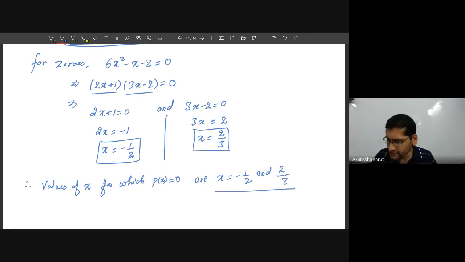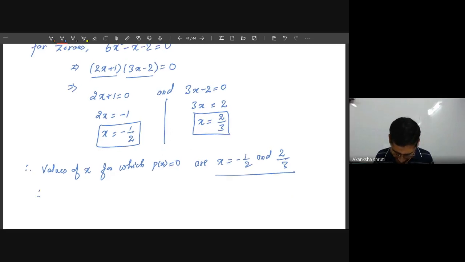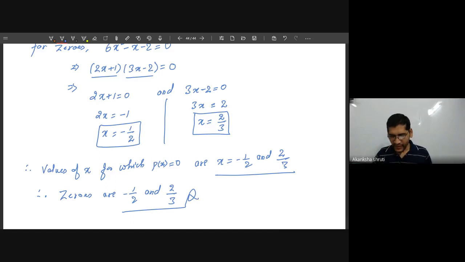It means these two values of x are the zeros of the polynomial p(x). Therefore, the zeros are minus 1 by 2 and 2 by 3. These two are the answers. So this way we can calculate the zeros also.